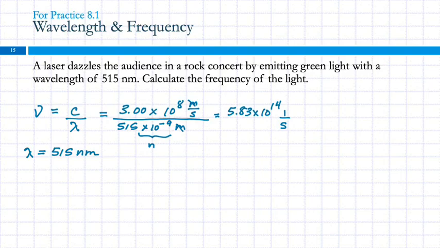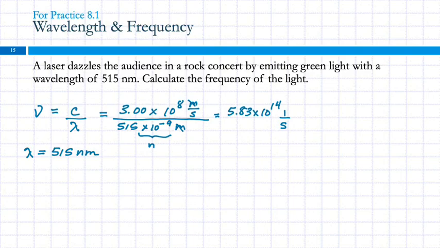So the calculations like this that we're going to see, the point of them is not converting units, but unit conversions do come into it because light is frequently measured in nanometers, but the speed of light is in meters per second. Are the units nanoseconds? No, they are 1/second.